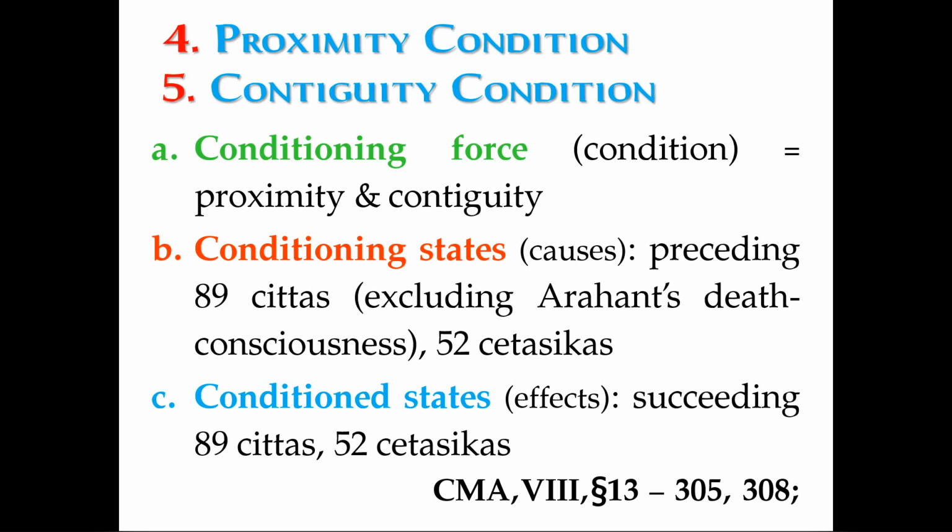What is it called? Antarabhava. According to Theravada, not according to the Pali Canon, not according to the Suttas. According to the Theravada school or traditions, we believe that there is no intermediate state, by quoting proximity condition and continuity condition. This is a very important quotation for this controversial issue.